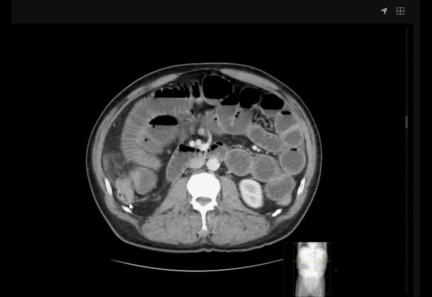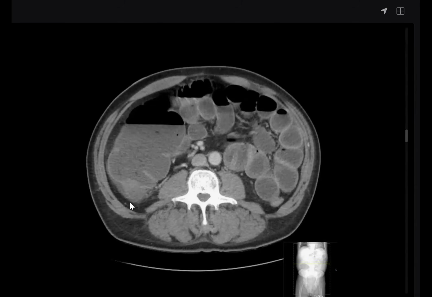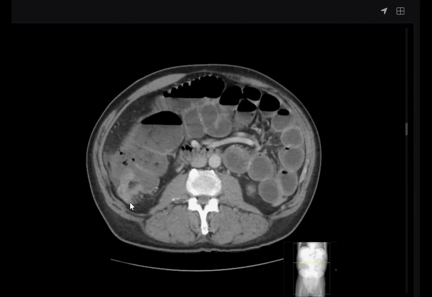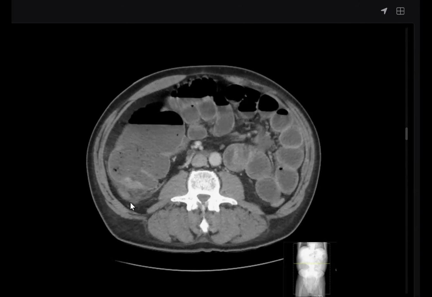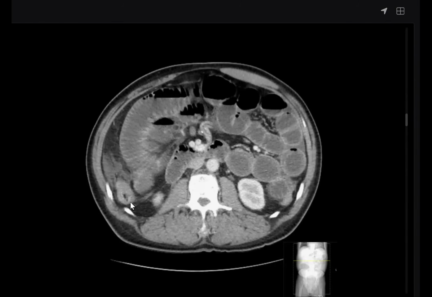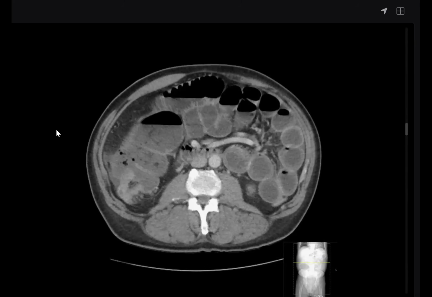I would like to go down. There is a circumferentially enhancing lesion involving the ascending colon with adjacent fat stranding and nodularity. I would also like to see if any adjacent enlarged lymph nodes are seen.